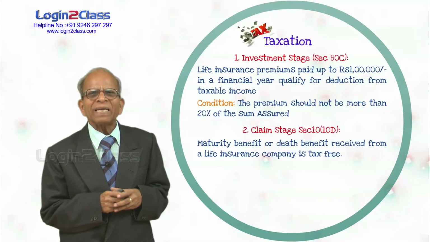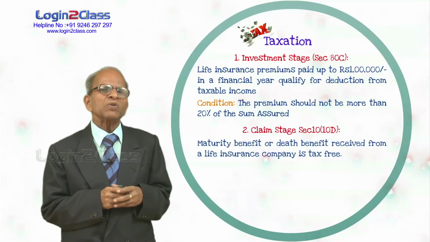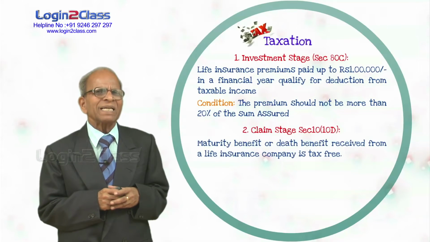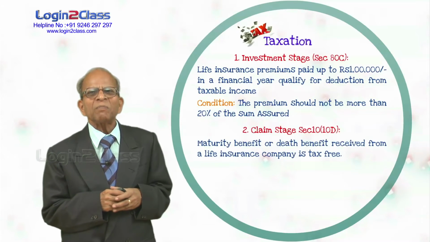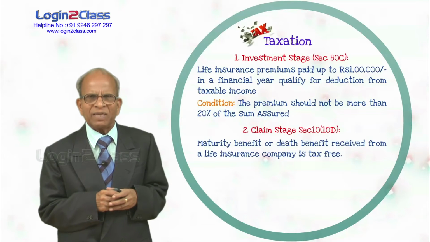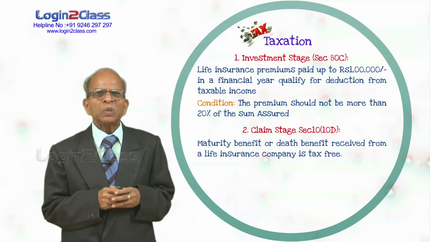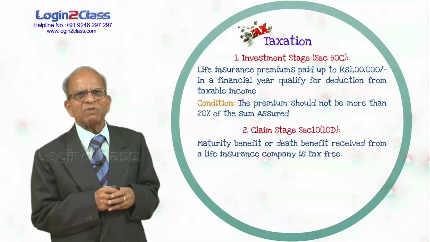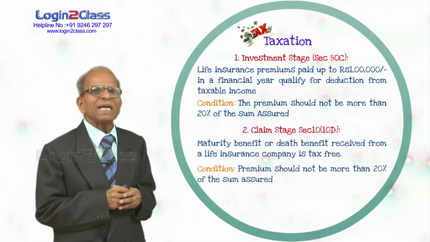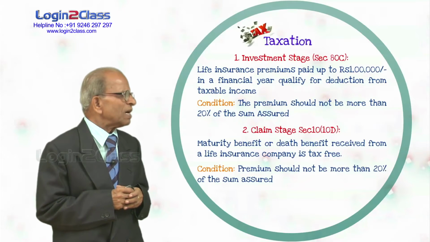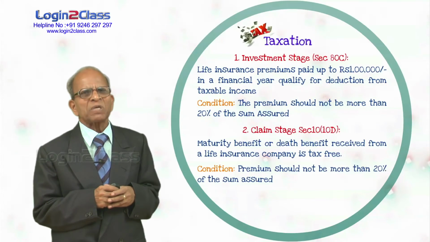I need not pay 1 rupee tax on that. All the maturity claim payments, all the death claim payments, are free from tax deduction. They are tax free. This is a very valuable concession for the customers, and you should take advantage of this facility. But here also that condition applies. Premium should not be more than 20% of the sum assured.